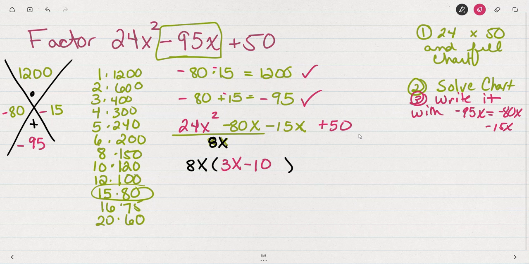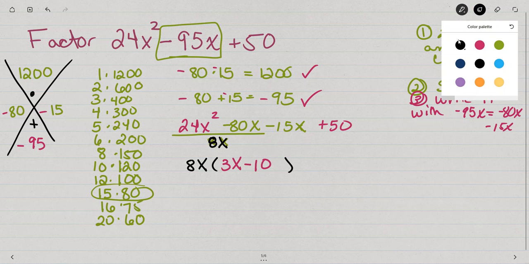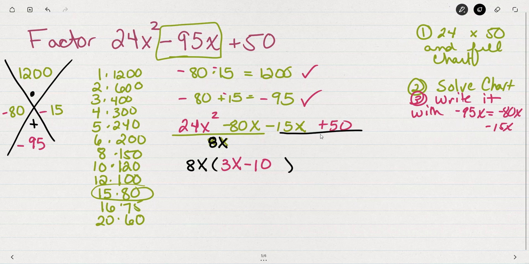And then for the negative 15x plus 50, I think their greatest common factor might be a positive 5 or a negative 5. I'm going to use a negative 5, and here's why. When I divide the negative 15x by this divisor, I want a positive number. And the only way to get a positive number here is if they're both positive or both negative.